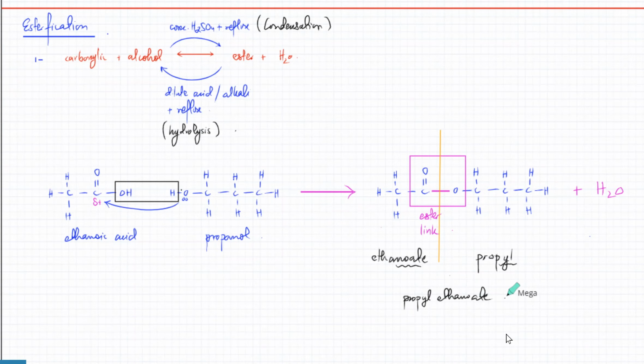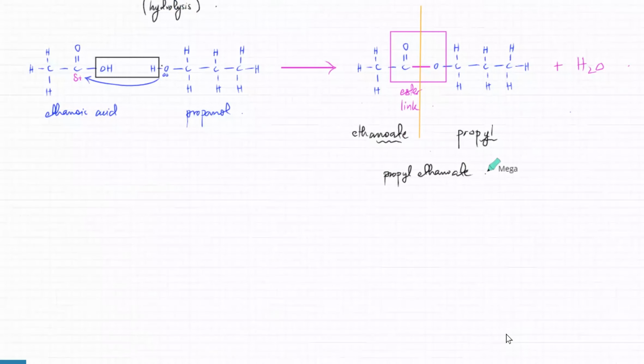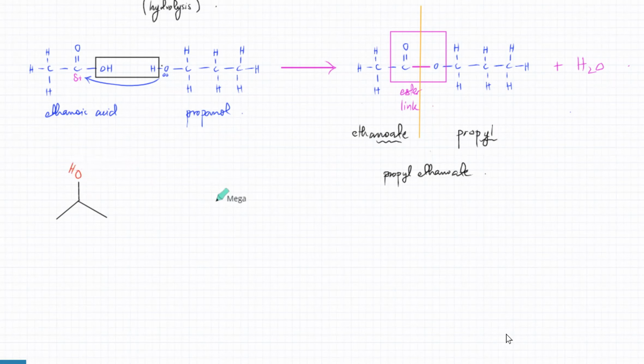And you'll be asked to draw all sorts of esterification reactions. So for example, let's say I have a structural formula of a molecule, and the molecule looks like this. It's got an OH group. And this other molecule is a dicarboxylic acid.